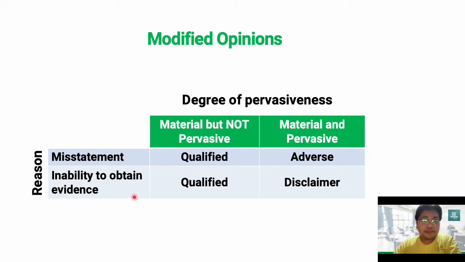If the reason is inability to obtain evidence and the possible effect is material but not pervasive, we issue a qualified opinion. And if the reason is inability to obtain evidence and the possible effect is both material and pervasive, then we issue a disclaimer of opinion, or we disclaim our opinion. So the question, therefore, is how can we determine whether the effect is only material and not pervasive or both material and pervasive?